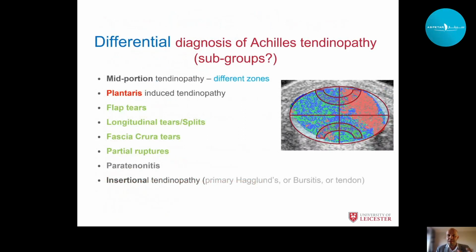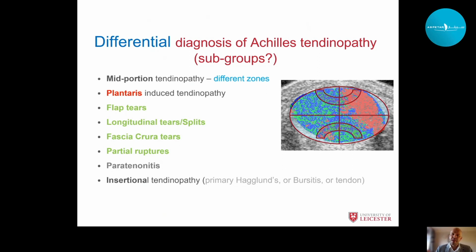Now, the other aspect, when we get into the tendon itself, is all of the factors that may be present there and actually be separate clinical entities in their own right. So we've got our typical mid-portion tendinopathy, but there's emerging data from the Institute of Sport and Exercise Health in London with Bhavesh Kumar and I've forgotten the lady's name now who did the research.